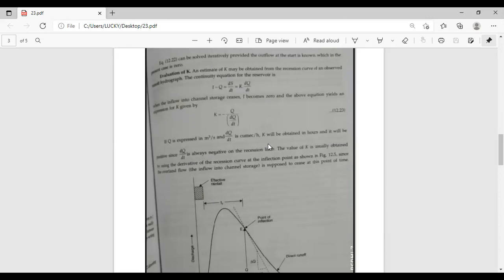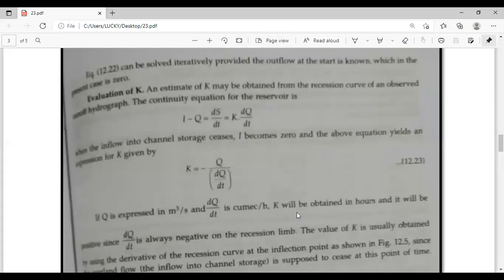When the inflow into channel storage ceases, I becomes zero, and the above equation yields an expression for K given by K = -Q / (dQ/dt).